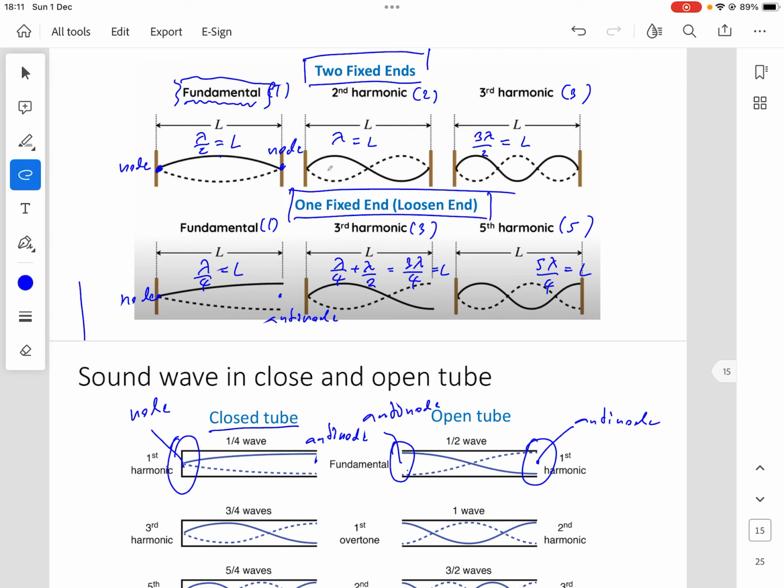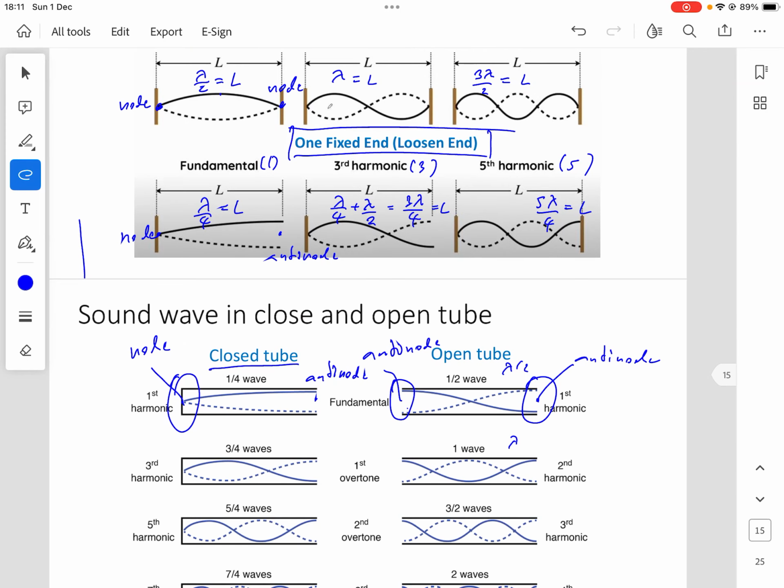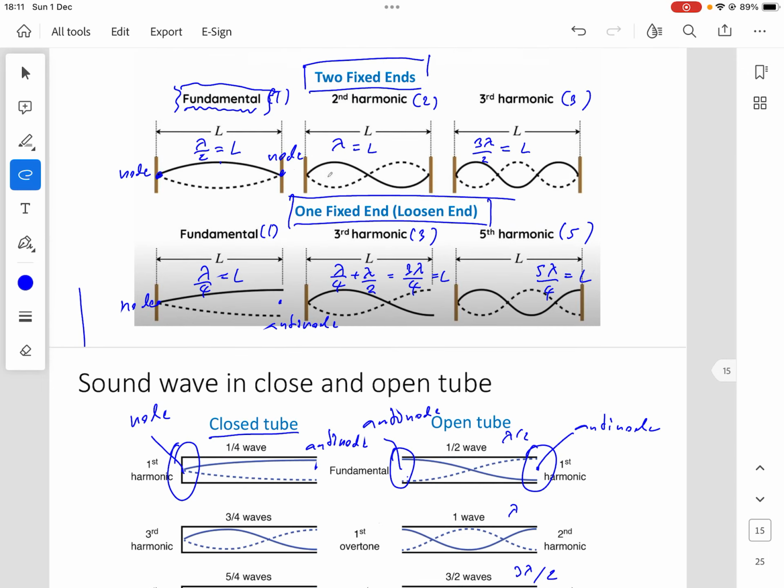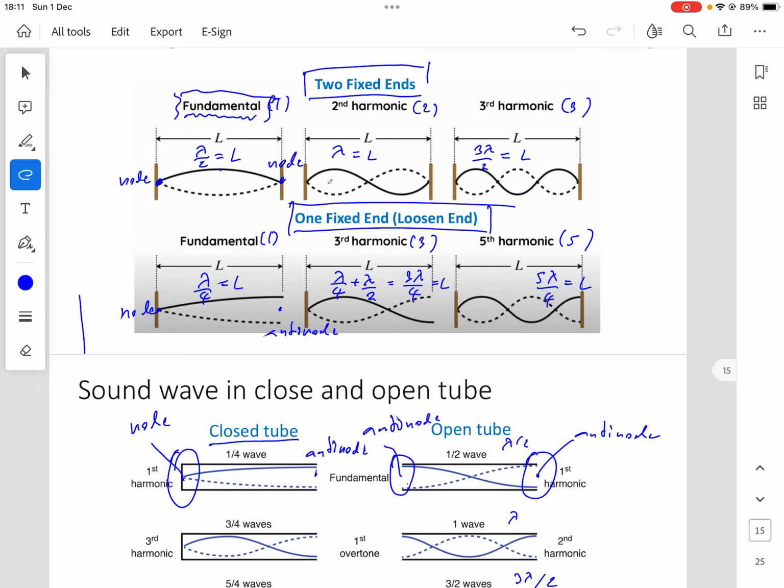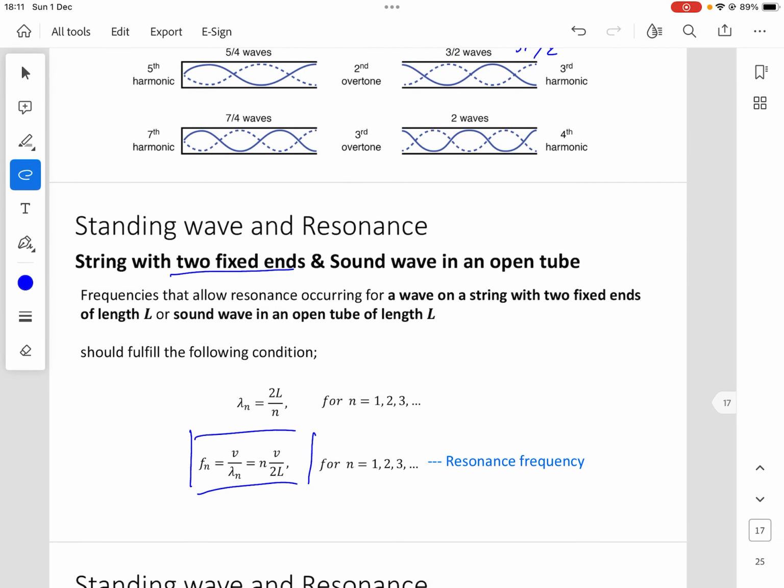You get lambda divided by 2, then lambda, then 3 lambda divided by 2, and so on. They are the same, although the number of nodes and antinodes are not the same. If you analyze them using mathematics to find the different resonance frequencies, you get the same equation.